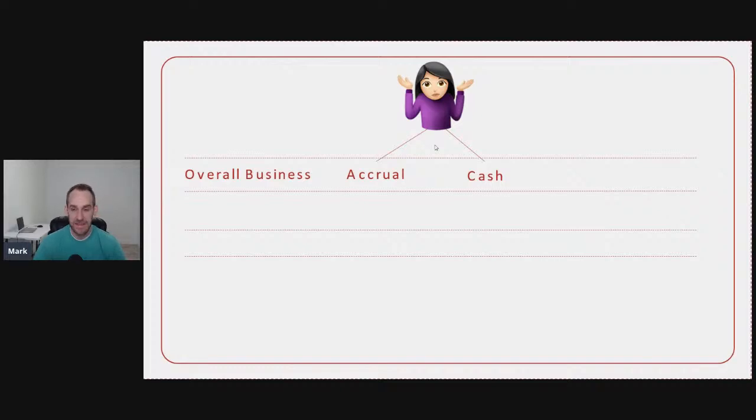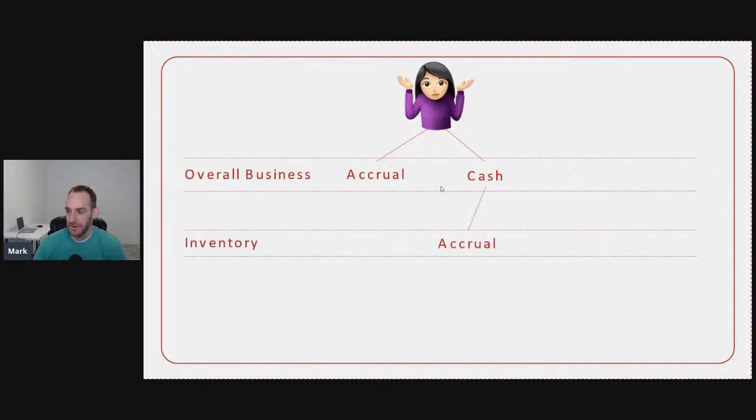And it's the same thing with expenses. If somebody sends me a bill, when I record that bill in my books, even though I haven't paid the cash yet, I'm going to record an expense if I'm using the accrual method. But if I'm using the cash method, I don't record an expense until I actually give them the cash. Most small businesses use the overall cash method.